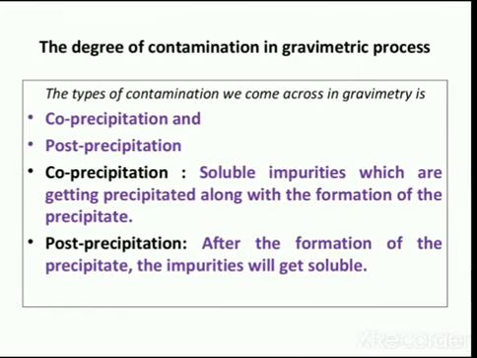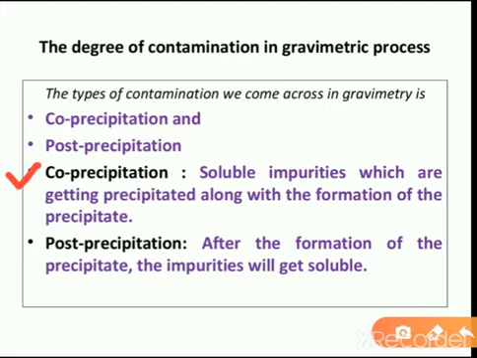Then we come to the main topic of today: co-precipitation and post-precipitation. What is co-precipitation and what is post-precipitation? These are the types of contamination in the gravimetric process.